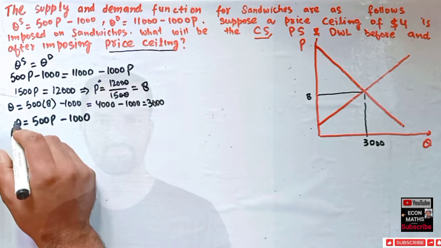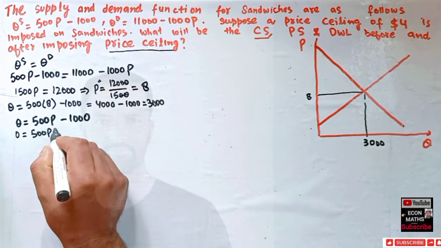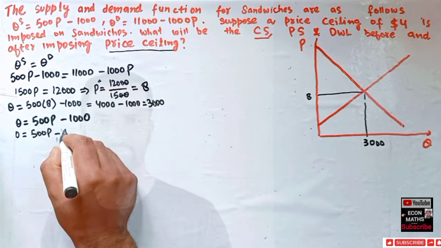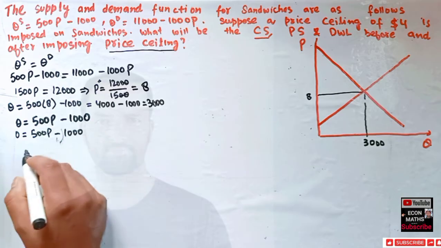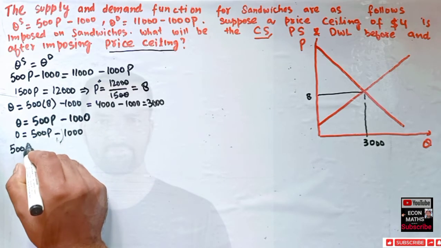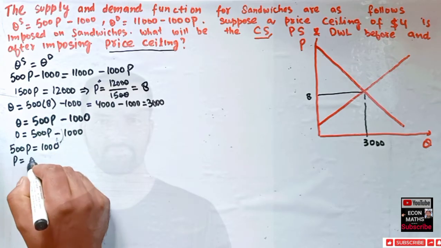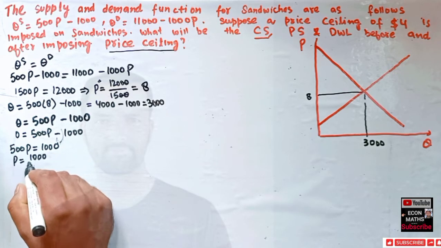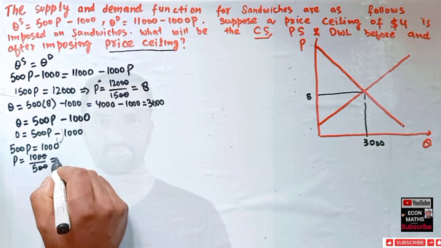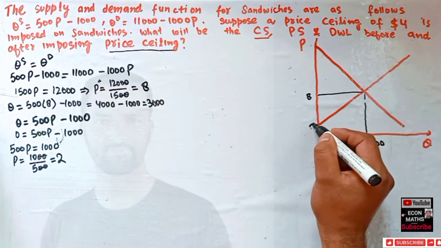When q is equal to 0, we have 0 equal to 500p minus 1000. When we solve, this comes out to be 500p is equal to 1000, or p is equal to 1000 divided by 500, which comes out to be 2. That means the intercept of the supply curve is 2 here.